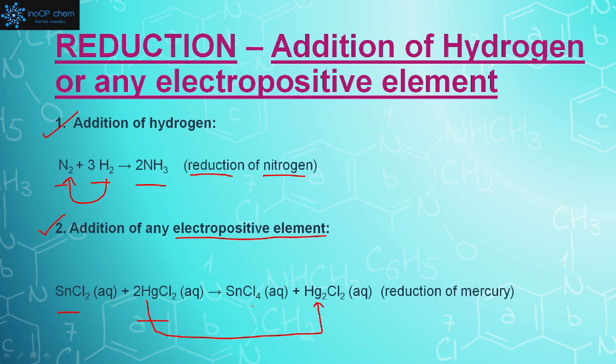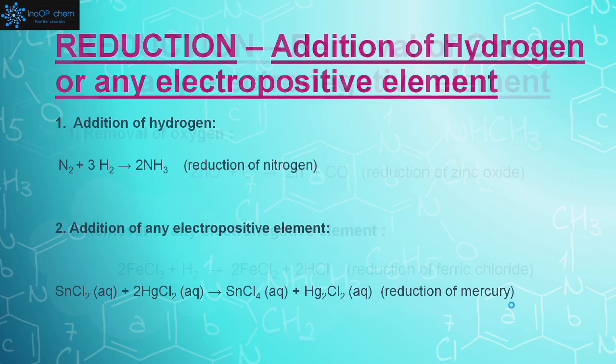As we know, mercury is an electropositive element and chlorine is an electronegative element. So here one mercury atom adds, that means addition of mercury atoms takes place in this compound. That means reduction of mercury takes place.